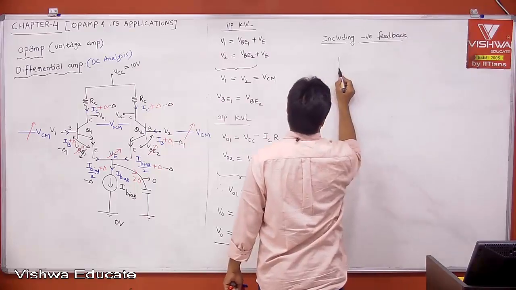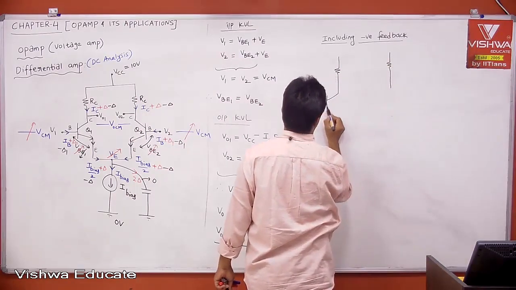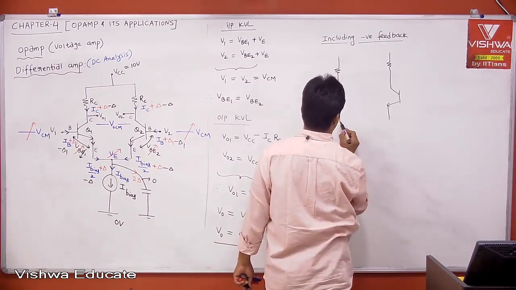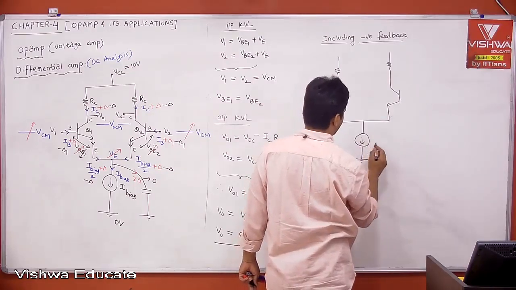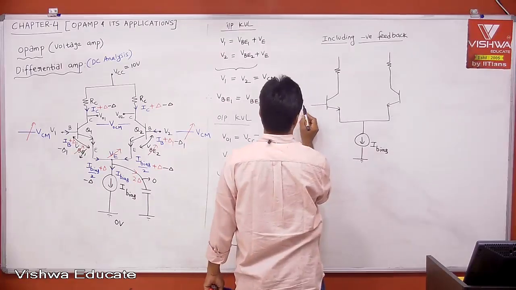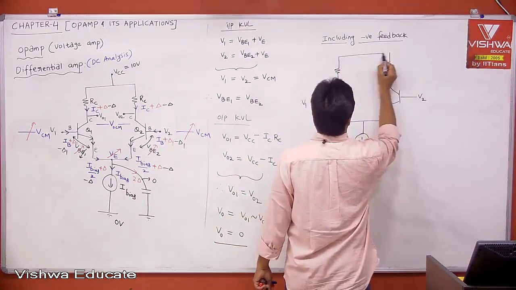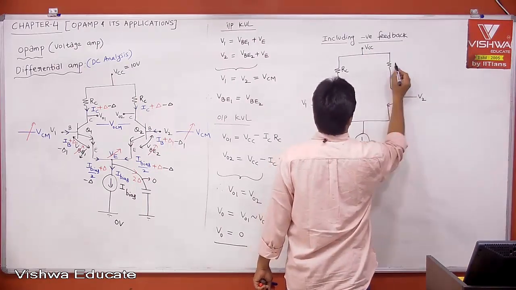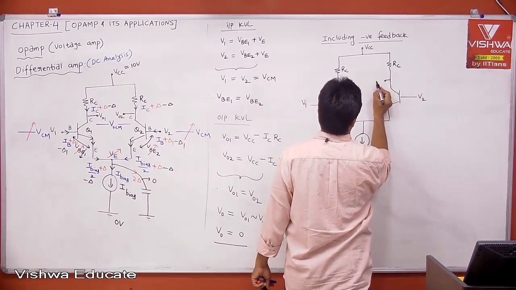Then if I draw, this is I bias, and now this is our V1, this is V2, this is VCC, RC, RC, this is V01, V02.